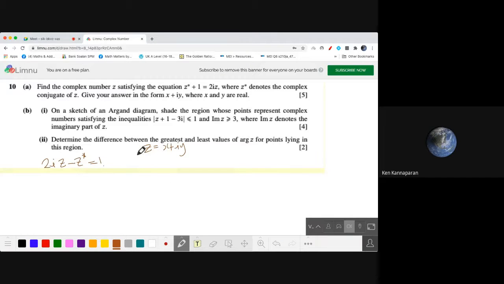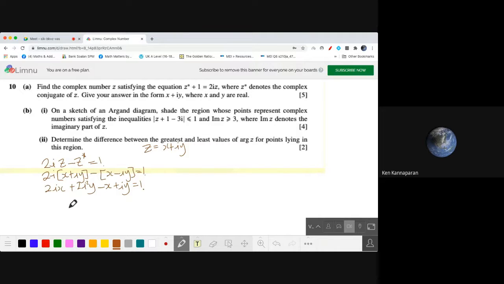Okay, so now 2i, I'll sub this with x plus iy minus the conjugate of it, which is x minus iy, and the whole thing equals to 1. Now let's expand, so 2ix plus 2i squared y minus x plus iy equals to 1.